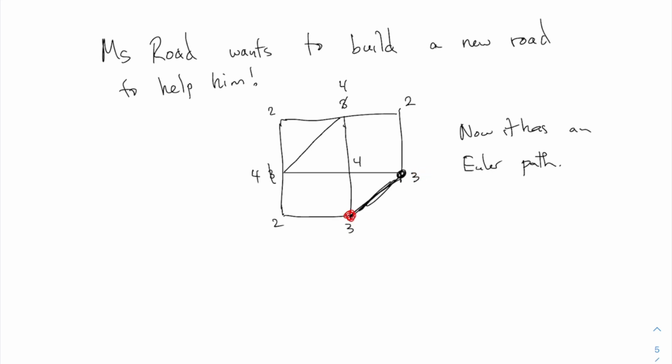I think I can do this. Goes down like this. There are many ways to do it as usual, but I'm just drawing one in. There you go. I would make such a good plowman. Show me the streets. I could immediately tell you if there's a good route or not. Now it has an Euler path.